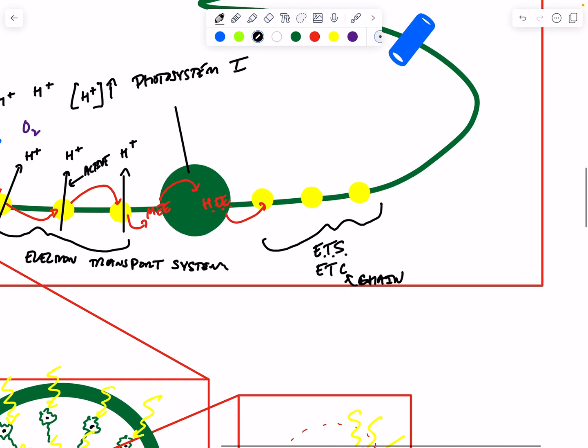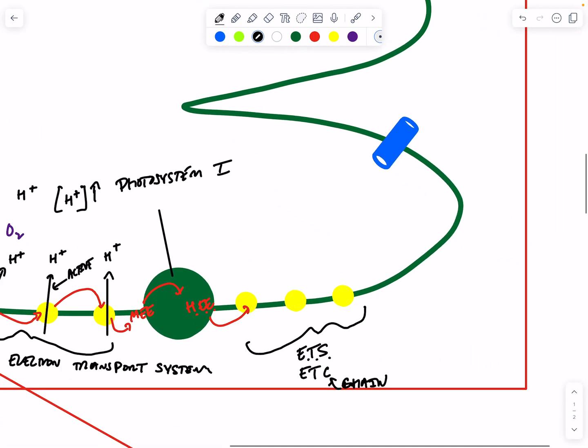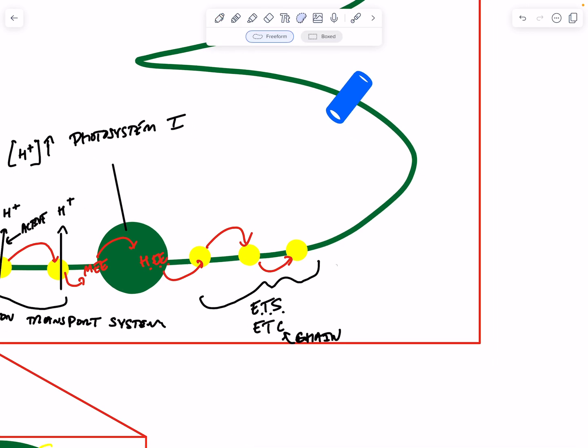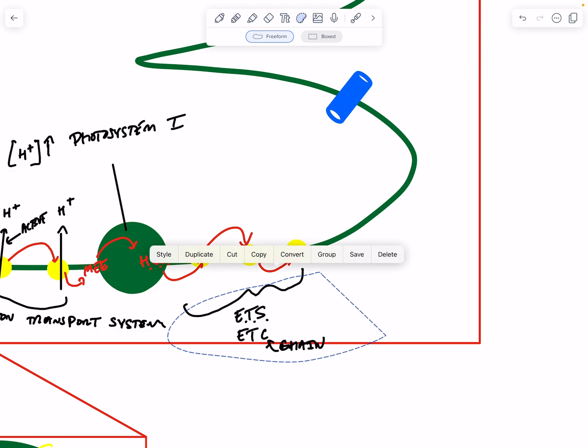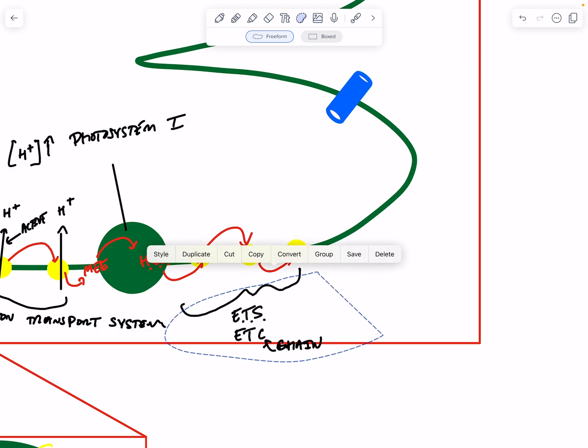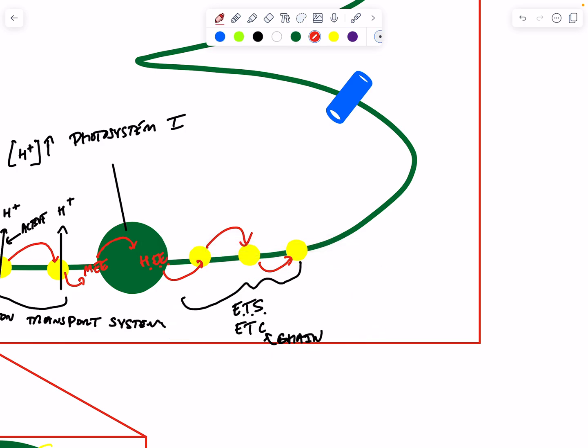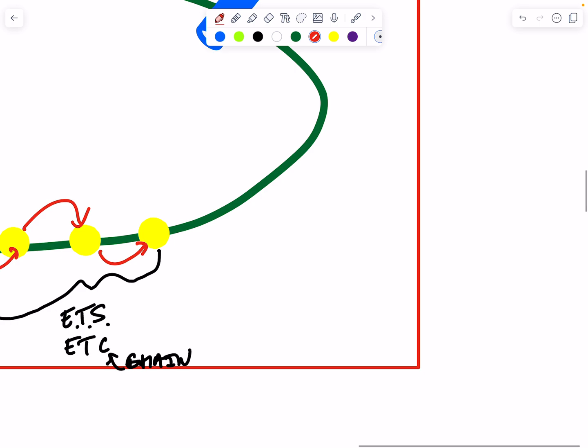CHAIN. So you'll hear both things. And the purpose of this electron transport system is to take these high energy electrons and put them on a carrier molecule that can bring them to the next part of photosynthesis, which is the light independent reactions.